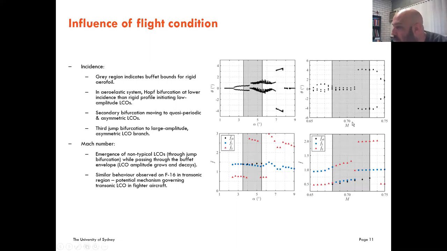But if we look at it in a Mach number sense, and this becomes closer to that initial video I showed of the F-16 with the missile oscillating, we can see what is known more as an atypical kind of limit cycle, where at a certain point we get quite a big jump and appearance of the limit cycle that then slowly dies away, but before it has just a very small oscillation.